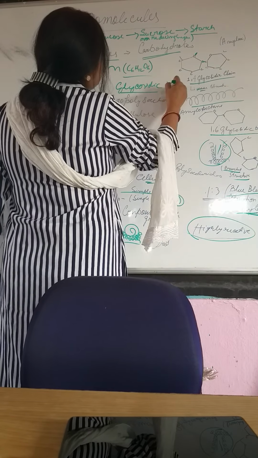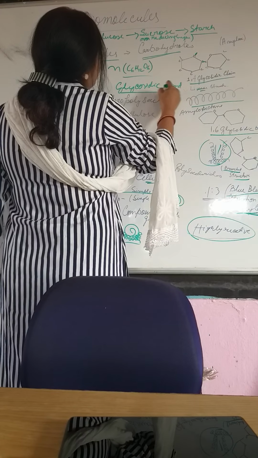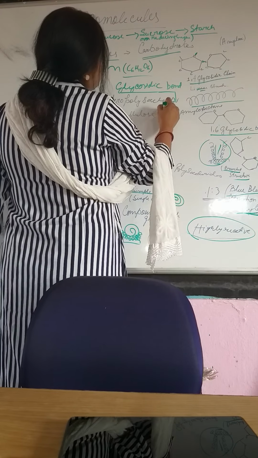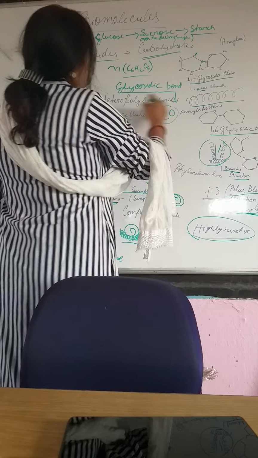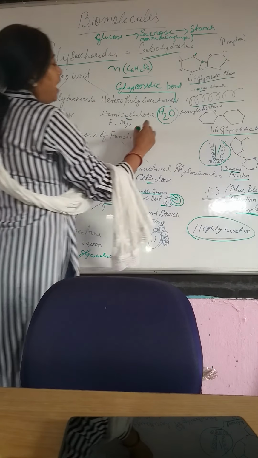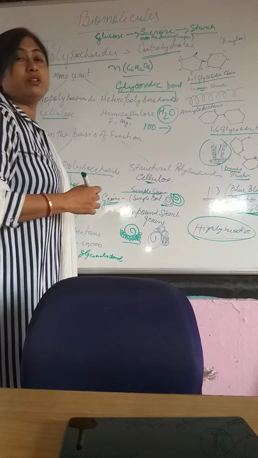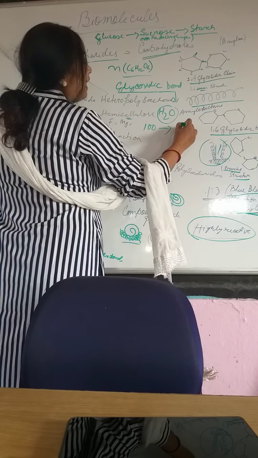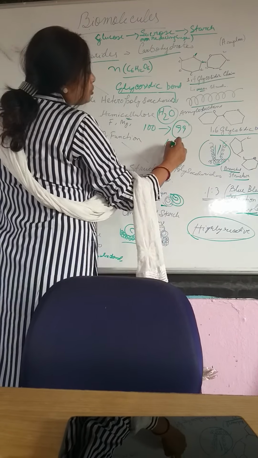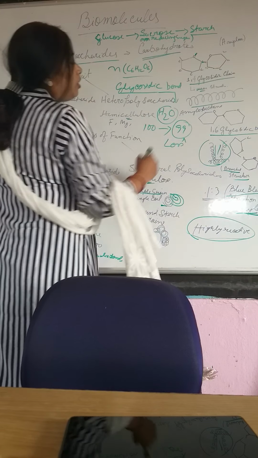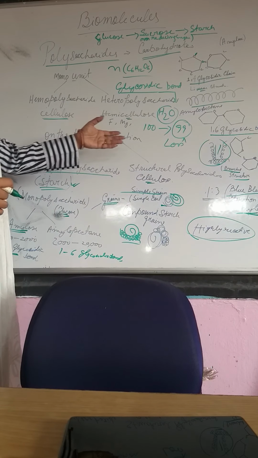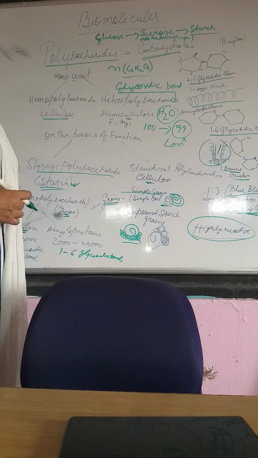Another thing: this glycosidic bond every time liberates water. For example, if 100 glycosidic bonds are formed, we have a loss of 99 water molecules, and no plant will like to lose these 99 molecules.